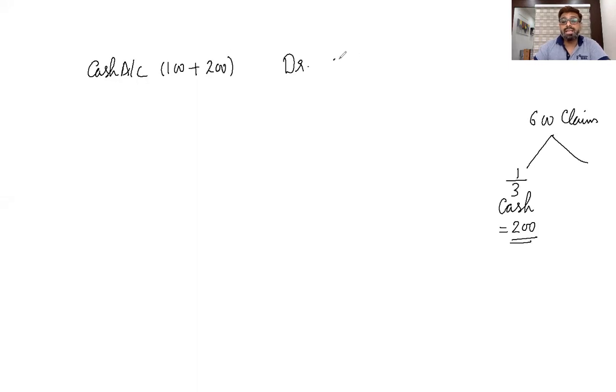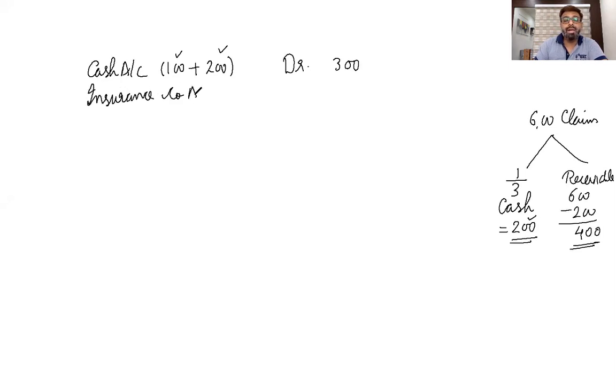So cash account debit with 300. 100 we received by selling the goods, 200 from the insurance company. Out of 600, the insurance company paid us 200, so 400 is still receivable. Insurance company account debit with 400.